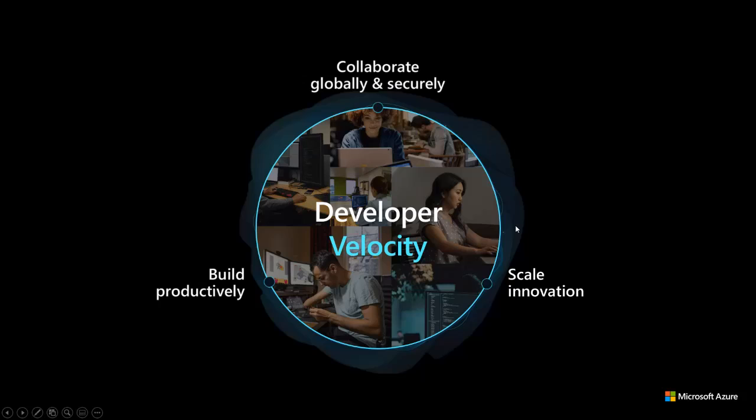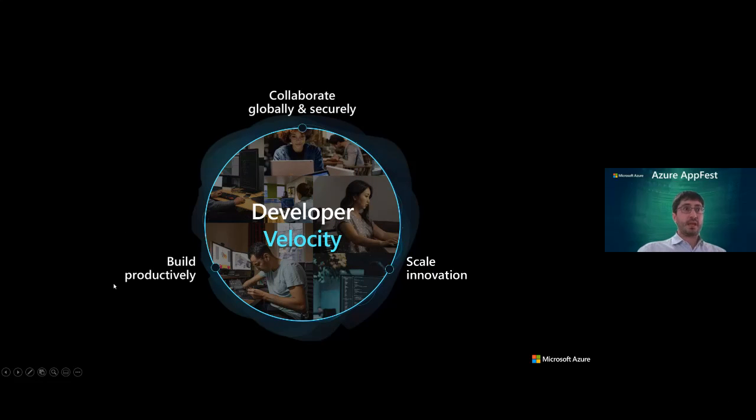So I will quickly jump to my conclusion. Today we have seen a couple of ways on how you can improve productivity for developers, and this helps to improve the overall developer velocity of your company. But as mentioned, there are way more areas that you should explore, such as collaboration and how you scale innovation with serverless and cloud native.